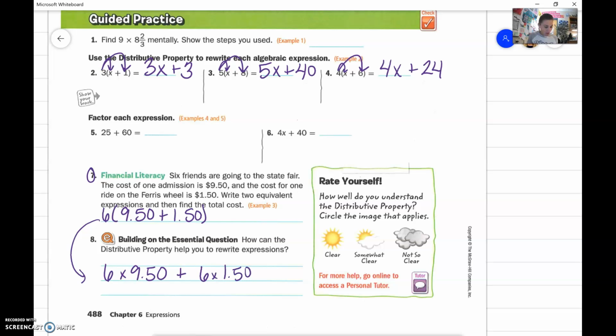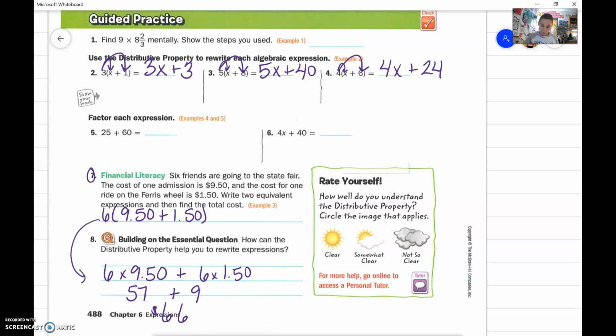So if I have $9.50 times my 6, because there's 6 people, that's going to give me $57. And if I have 6 people times my $1.50 for the Ferris wheel, that gives me 9. And so when I add 57 plus 9, that's going to give me a total of $66. So it's going to cost them a total of $66.